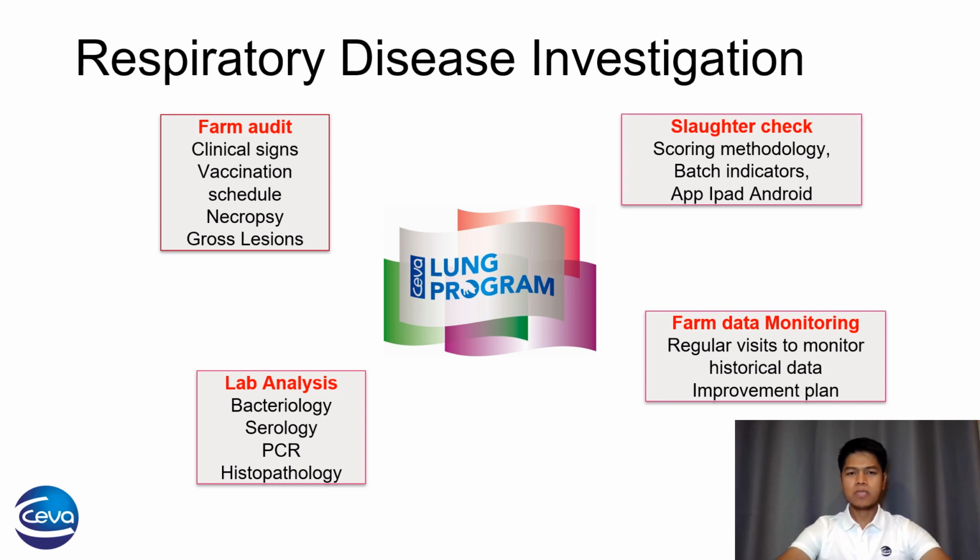Second is the farm audit, which encompasses clinical signs, vaccination and medication schedule, necropsy, and looking at the gross lesions. Third parameter is the laboratory analysis, which includes bacteriology, serology, PCR, and histopathology. Last parameter is the slaughter check. Ceva Animal Health made an application which efficiently records and stores the gathered data from the slaughtered pigs.